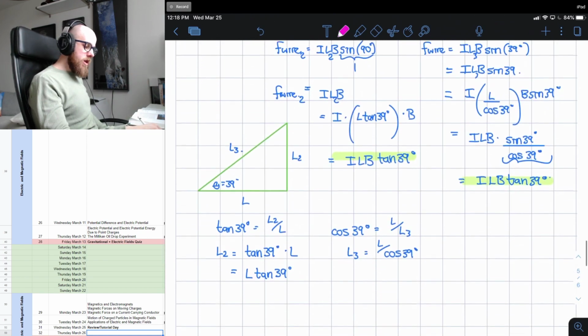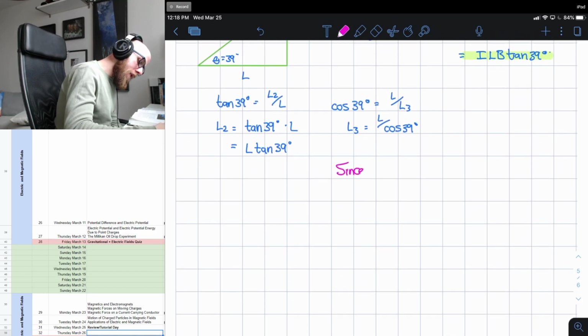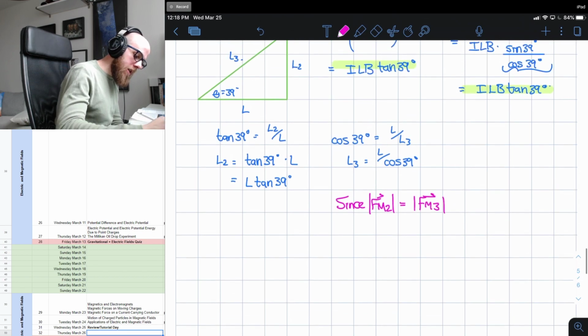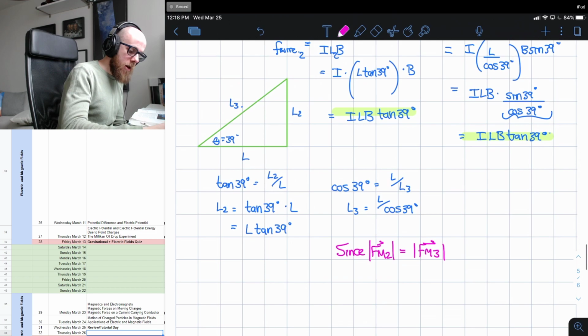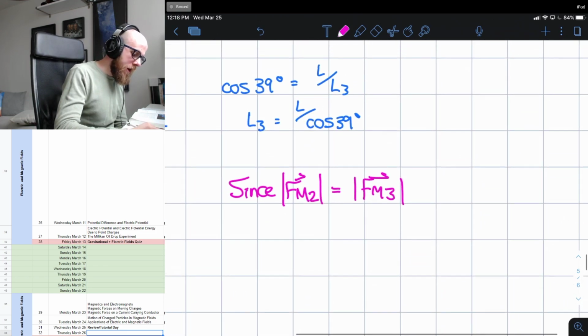Okay, so I conclude, since the magnitude of FM2 equals the magnitude of FM3, right? I found that both of those formulas were exactly the same right here: ILB tan 39, ILB tan 39.